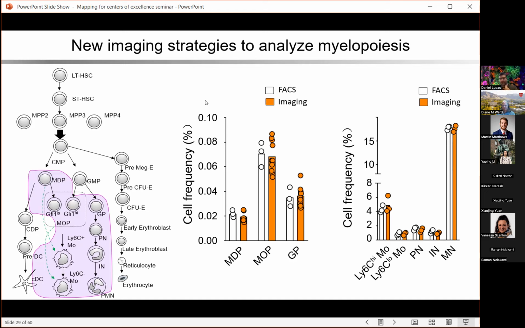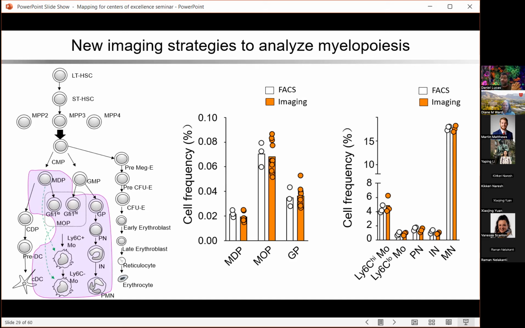So a very important control when you're doing imaging of the marrow, that you have to be very, very careful about, is that you always need to compare the frequencies that you detect by flow cytometry with those that you detect by imaging for every population of interest. And this is absolutely critical because when you are staining samples, you don't know if, as Diane was pointing out, fixation may downregulate markers, or you mask some epitopes.